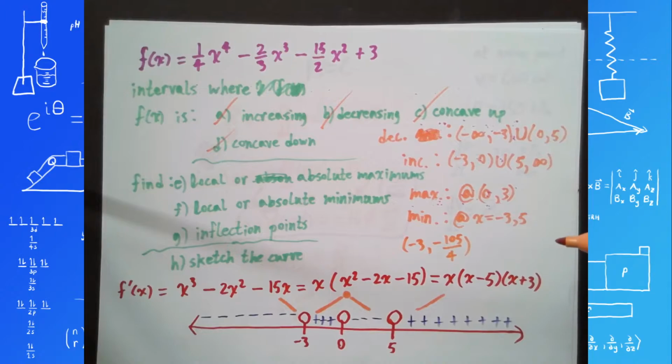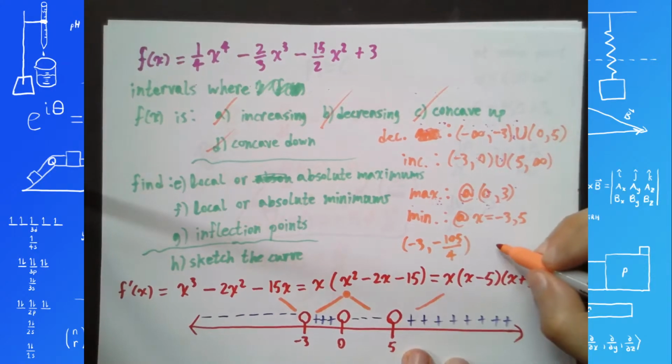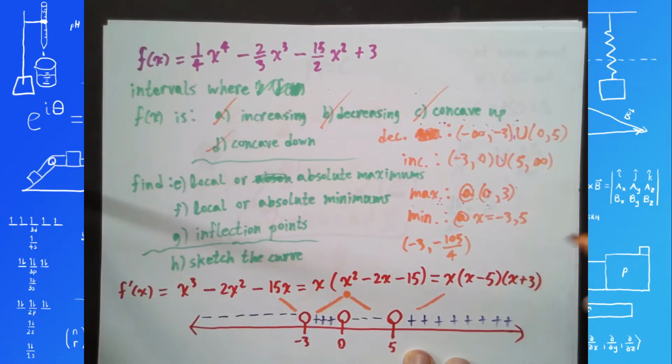And then the other minimum is at 5. I'm just going to copy the formula from here and replace all my negative 3's with 5's. And that gives me negative 1339 over 12.